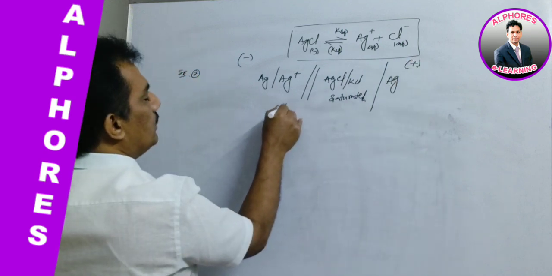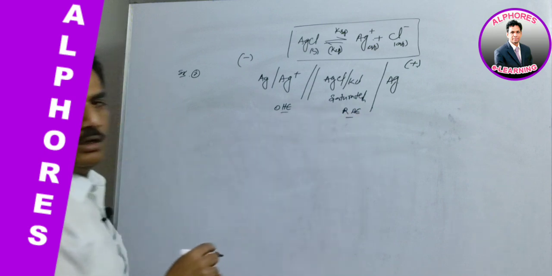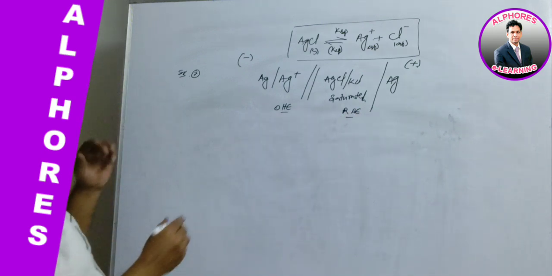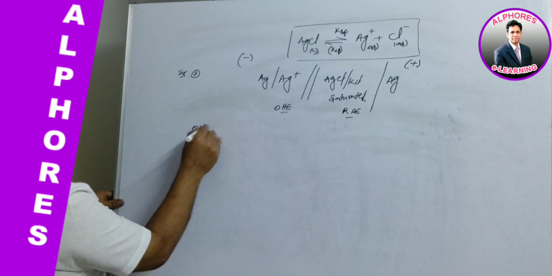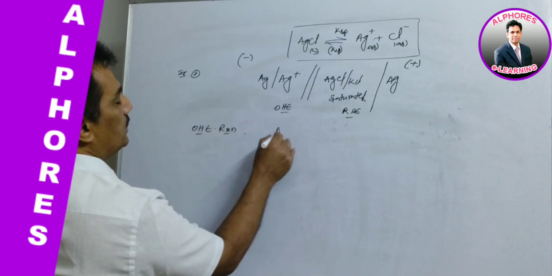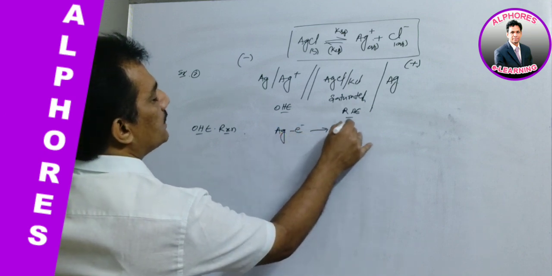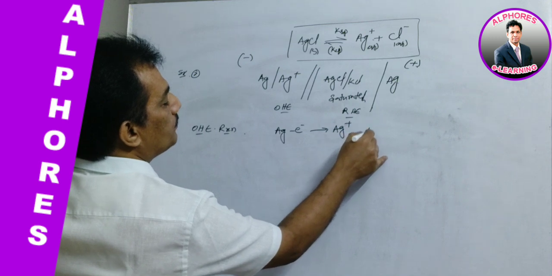It is OHE and it is RHE. As we know, these are the two electrodes. And now from OHE, what do we have to write? OHE reaction is nothing but Ag by releasing an electron gets into Ag plus. It is the anode, you remember.